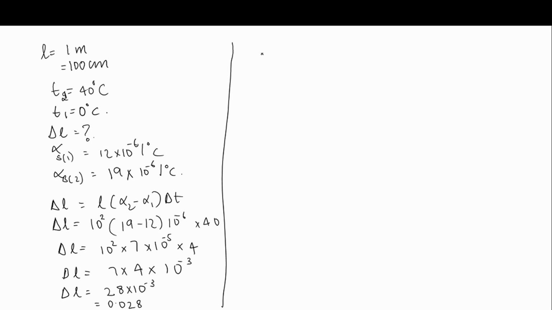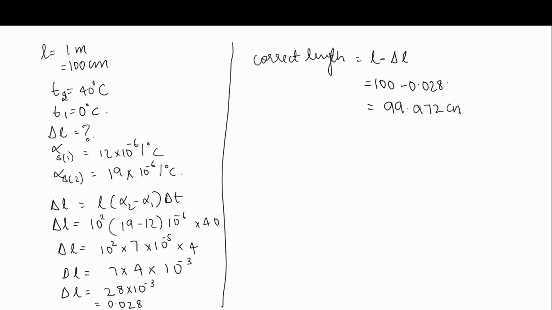So the correct length is L minus delta L, which is equal to 100 minus 0.028, which is equal to 99.972 centimeters. In the options there are only up to 2 decimals, so we'll consider only this much. So this is the correct length.